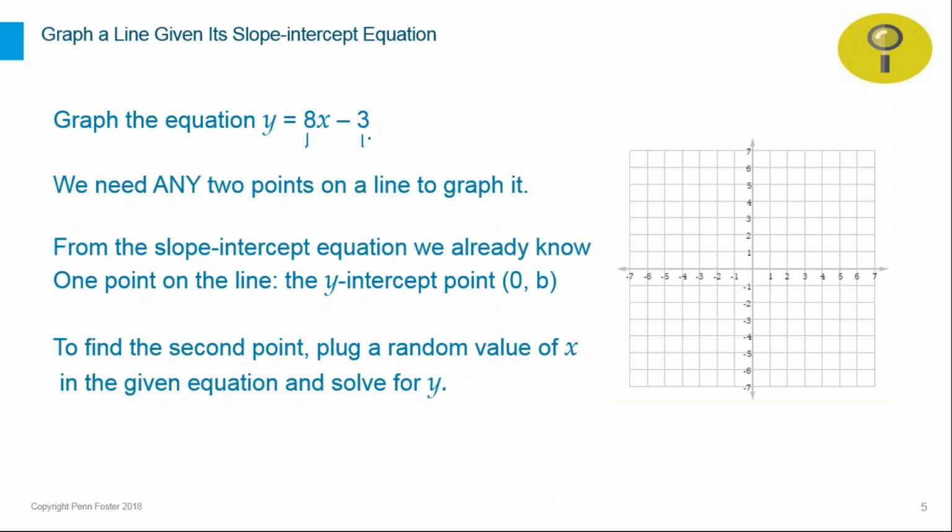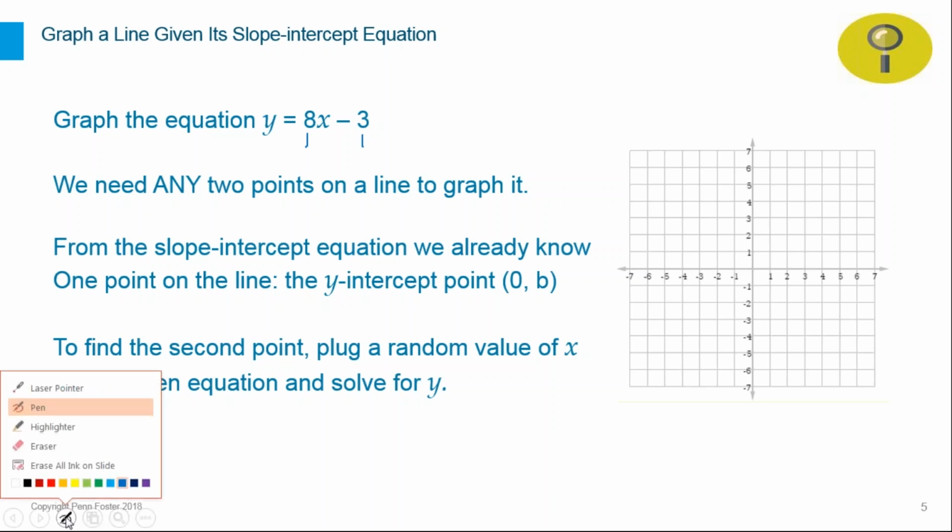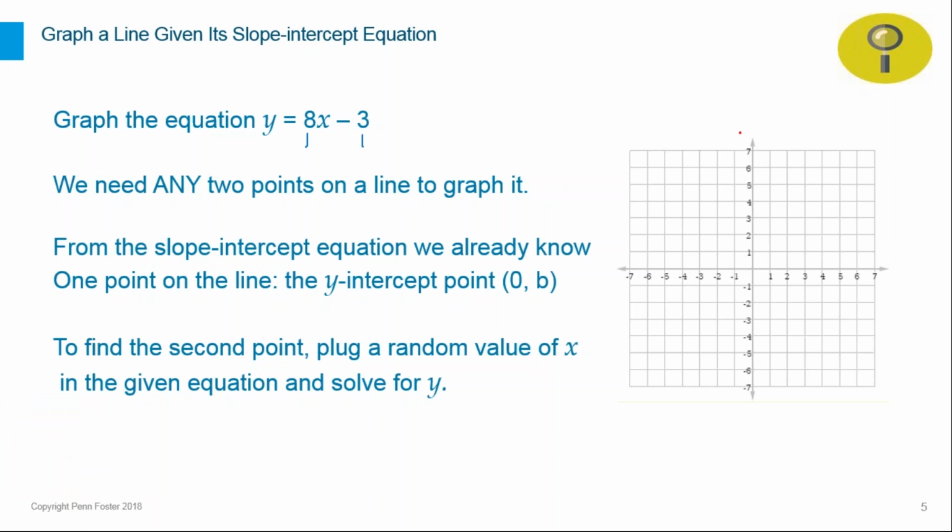Well, one point I'm able to get straightforward from that equation is the y-intercept point. I know where the line intersects the y-axis, and that information I'm going to get from the b part of the equation. Remember, y equals mx plus b.